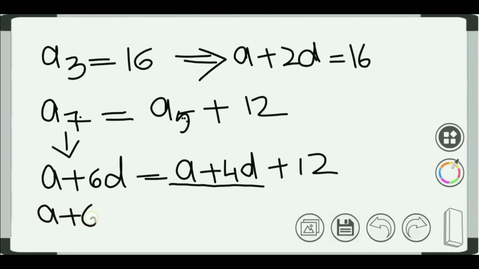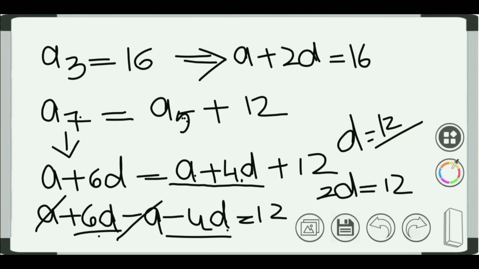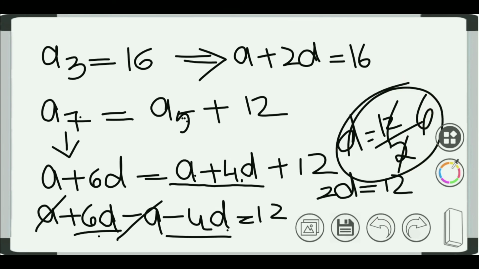So A plus 6D minus A minus 4D equal to 12. A minus A got cancelled. 6D minus 4D is 2D. So 2D equal to 12. What will be D? D is equal to 12 by 2, 6. So you got D's value as 6.